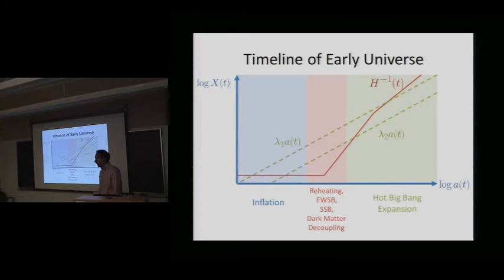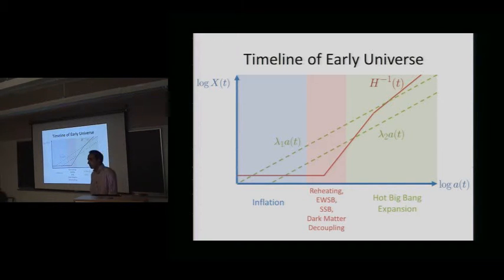And what I mean when I say a mode is outside the horizon is that its wavelength is larger than the Hubble radius at some time. And so during inflation, modes exit the horizon. They remain outside the horizon during this intervening era about which we don't know a whole lot. And at some later time, when we do understand the physics of what's going on, these modes re-enter the horizon and provide the initial conditions for the subsequent evolution of the universe.